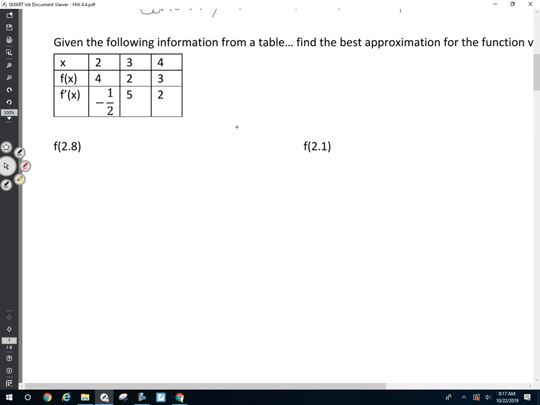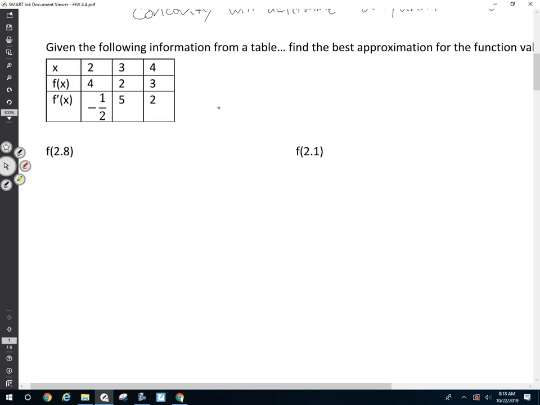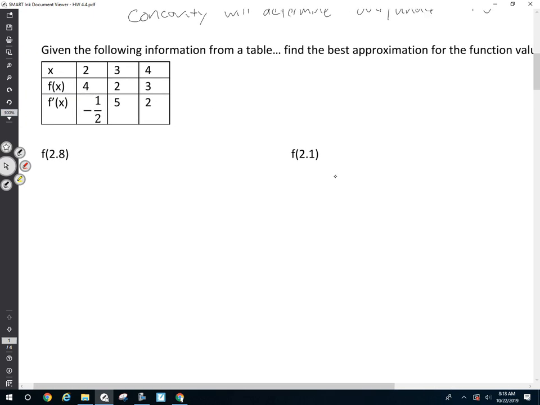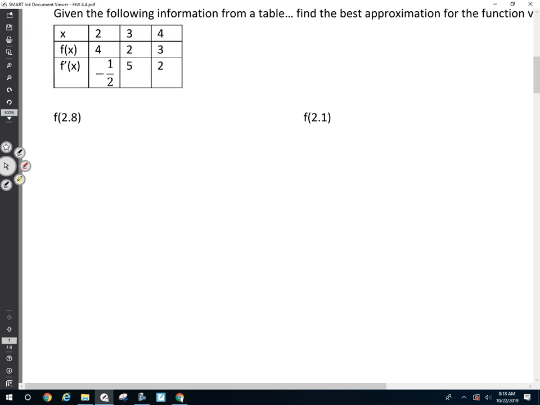All right, so here I've given you a table of values of function f. Find the best approximation for the function values you're looking for here: 2.8, 2.1, 4.25. Well, first off, we know that approximations are going to be more accurate the closer we are to our tangent line point.